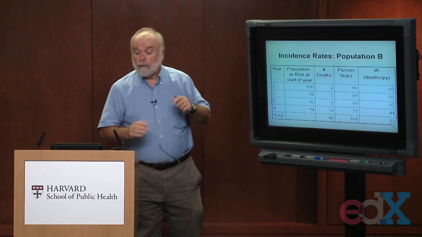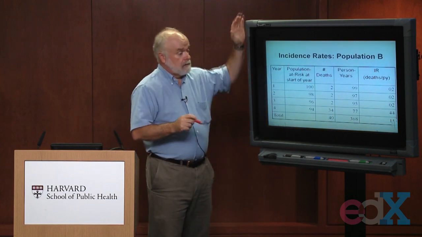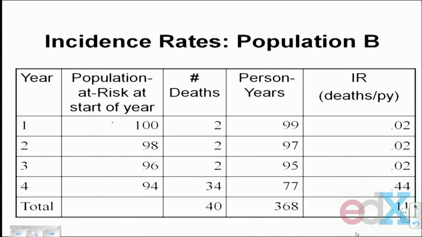We can do the same thing for population B. Different 100 people, 2 of them die during the first year, 98 don't, and 98 people give me a full year, 98 person years. Those 2 people who died each give me half a year, and together give me another year. They give me a total person time of 99 years.